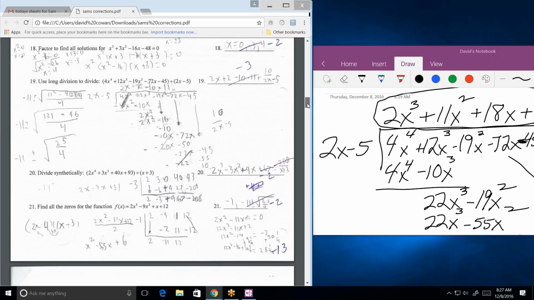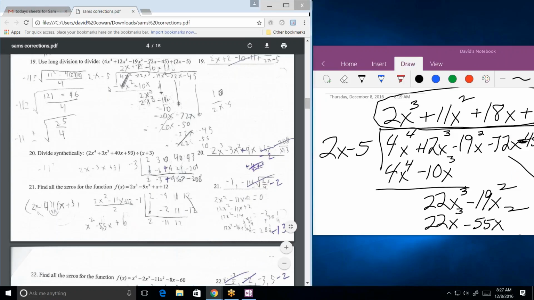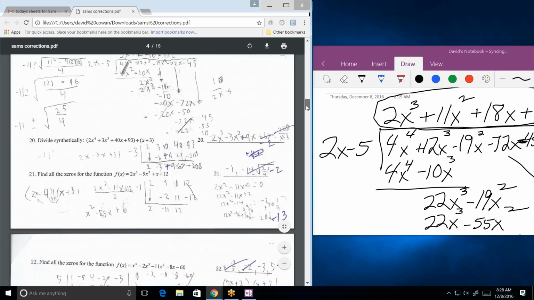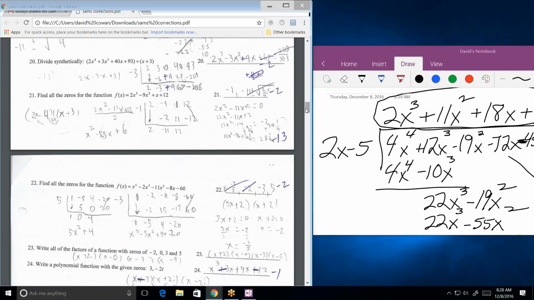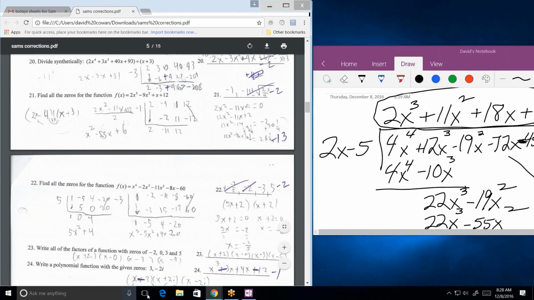Looks like the process you did was almost correct, except this should have been 2x cubed. Okay, let's divide this 20 synthetically. Hold on.